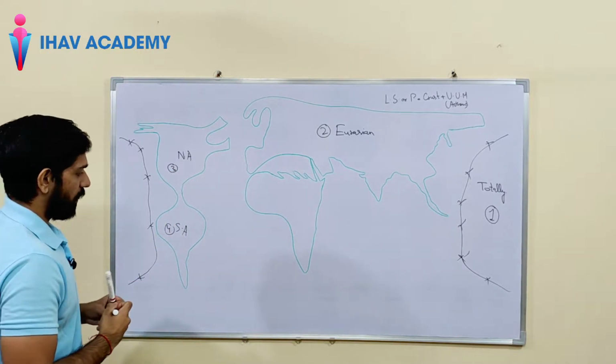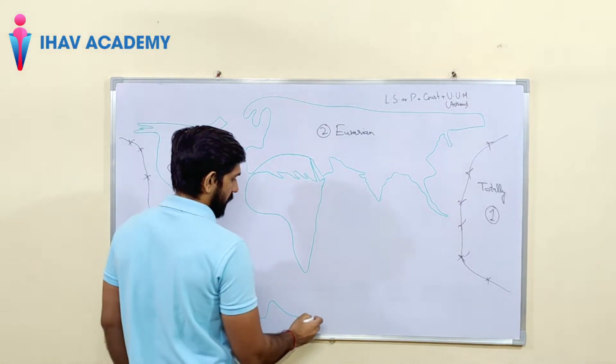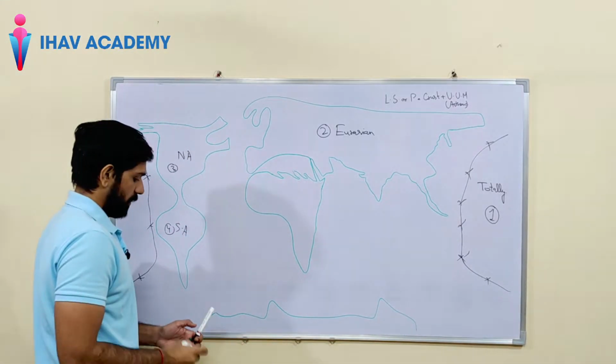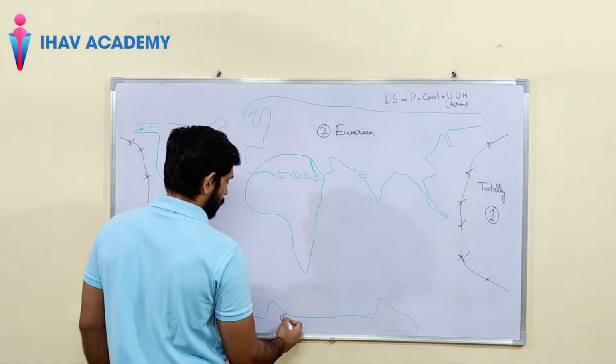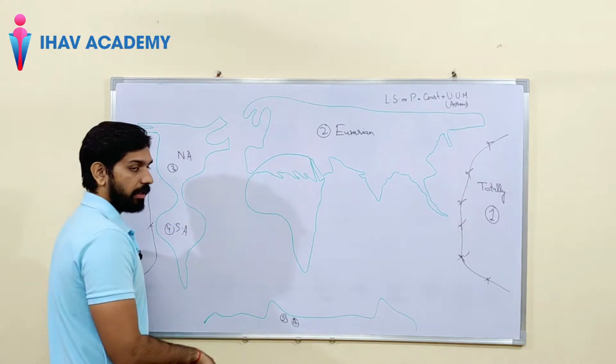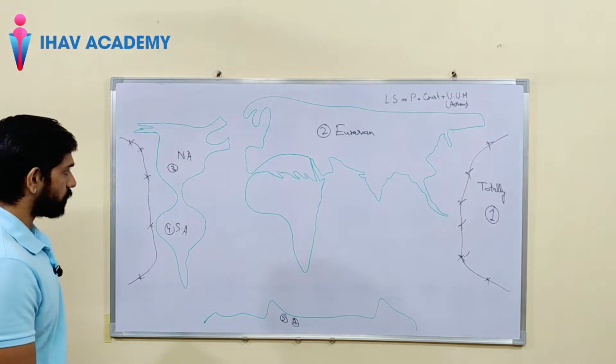Now this is not the whole world map because I haven't drawn this part. Now it is the whole world map. This is the fifth plate, Antarctica.